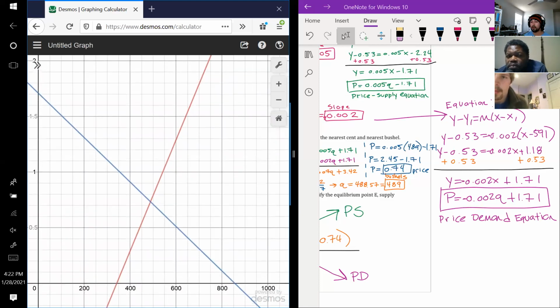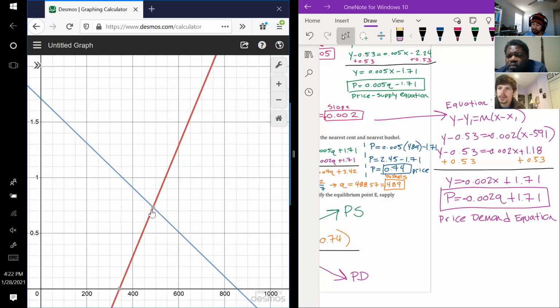Now that looks way better than what we were looking at. And bam, that's the equilibrium point we found. So Desmos can always help you visualize the graph if you can't do it. But I think for your homework, because you have a problem on your homework exactly like this, if you just know how to sketch it and put the equilibrium point, you're going to be okay.